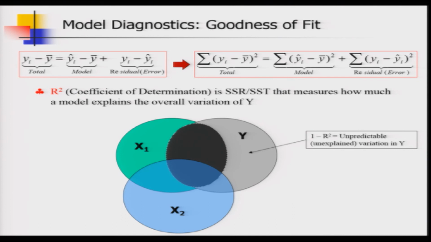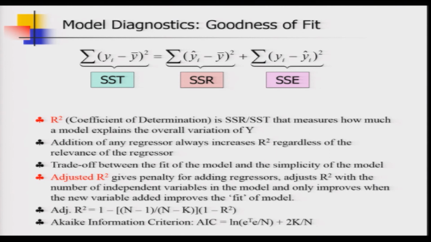The y circle gives you the total variation of y, right. So, this area colored in gray is actually not explained by x1 and x2, the explanatory variables. This is the unpredicted or unexplained variation in y, and that gives me the 1 minus R square area. Let us have some brief discussion of R square.